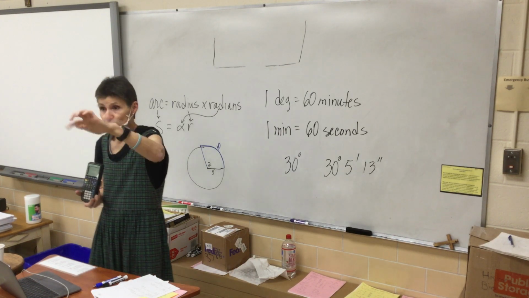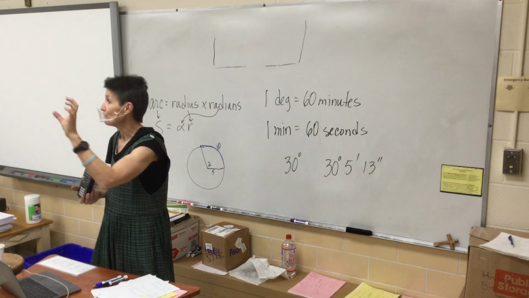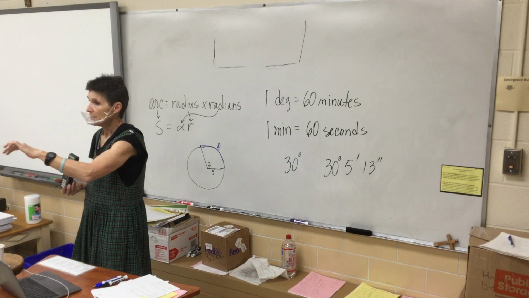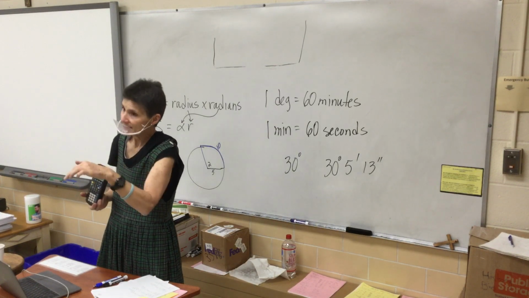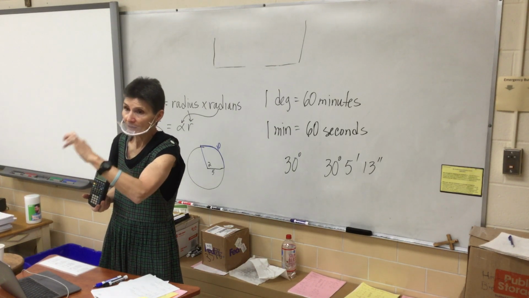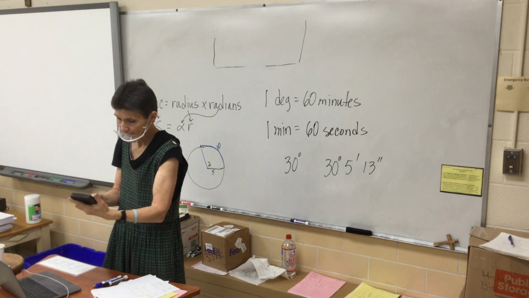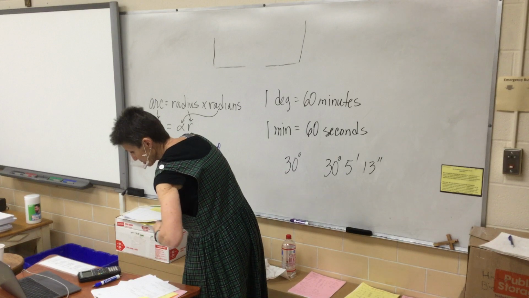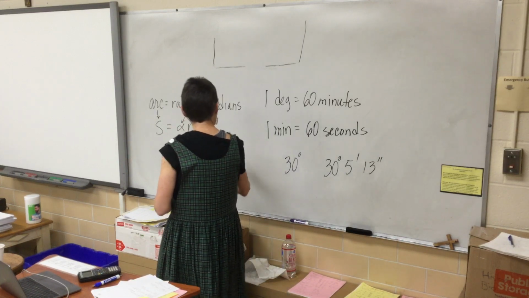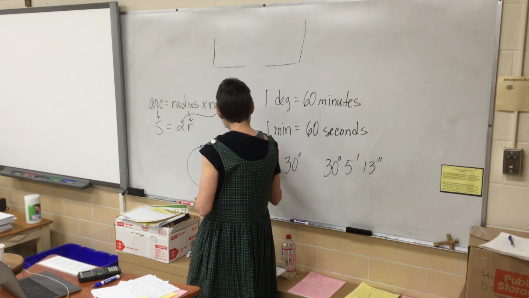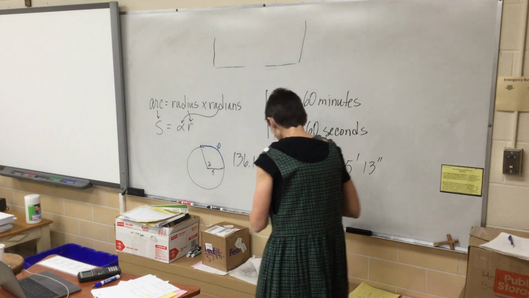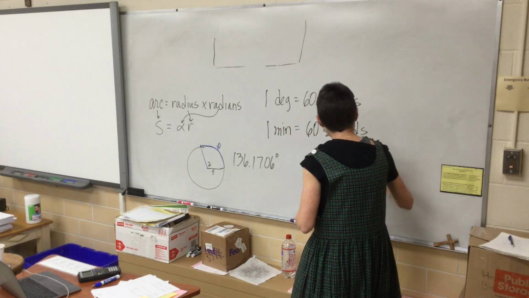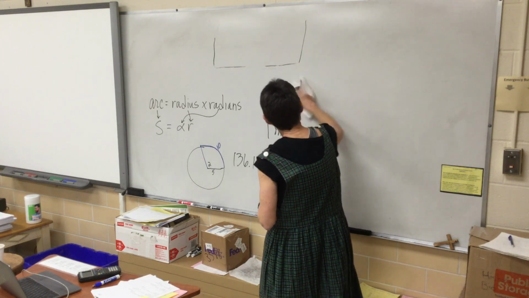So you get your degree and minute mark out of your angle menu, second angle, second apps. The second mark has to come from alpha plus. Then press enter. Did you get 136.1706? That is called the decimal degree. That is the degree measure as a decimal.